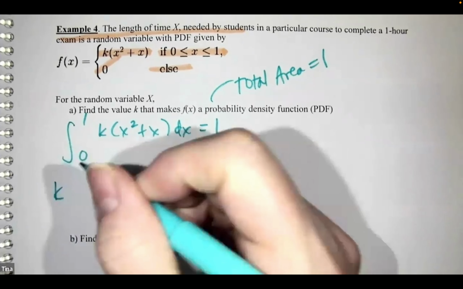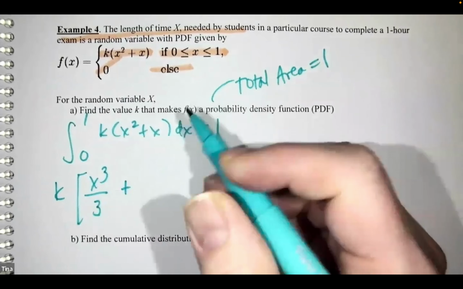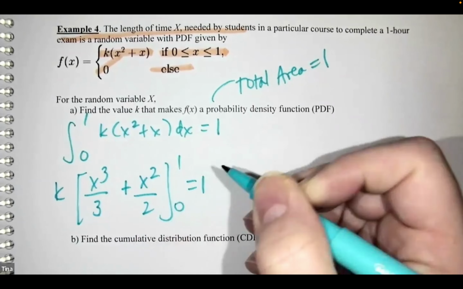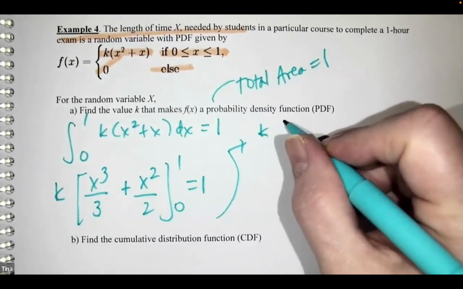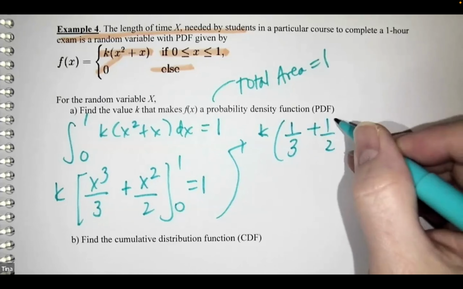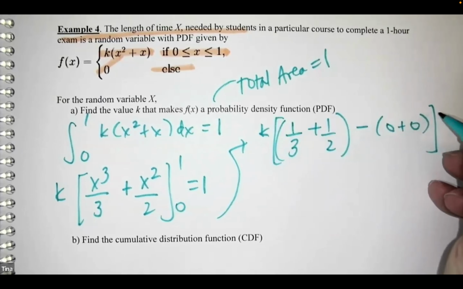Okay, so we have k. The integral of x squared is x to the 3 over 3, plus the integral of x is x squared over 2. So again, I can leave the k. So top number subbed in for all the x's would be 1 cubed is 1, so it'll be a third plus a half, minus, now just 0 plus 0.